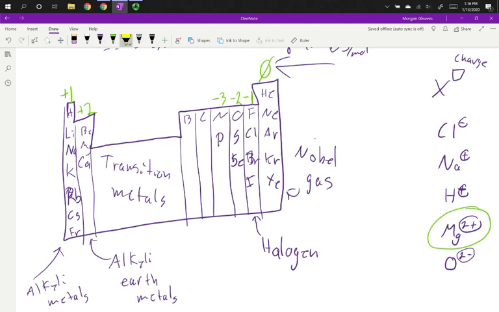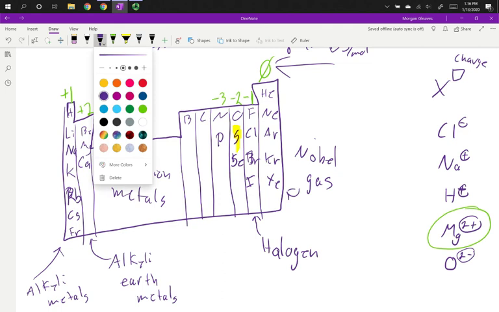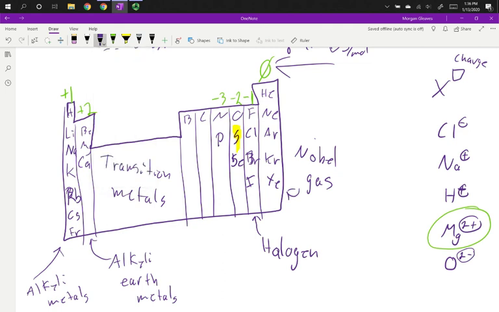Well, we could look at sulfur over here, and we could say, hey, it's in column 2, so a sulfur should have a 2- charge. I don't have to memorize this, though eventually we will from habit. But I can look at the table and reference to say, oh, it is 2 in from the noble gases. First is -1, then is -2, then is -3. And so I'm able to identify that charge very quickly.